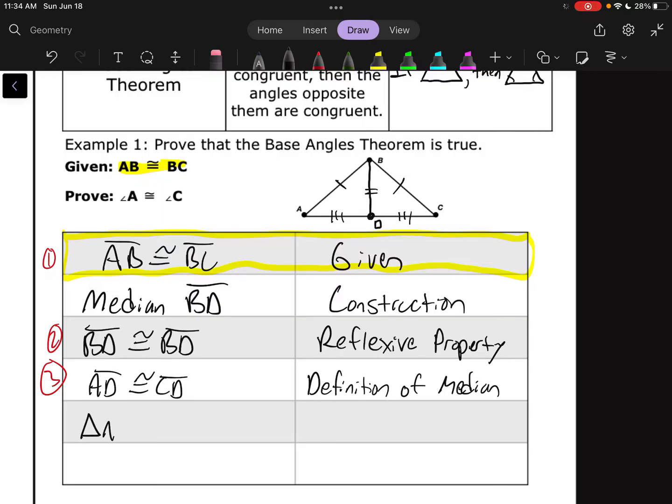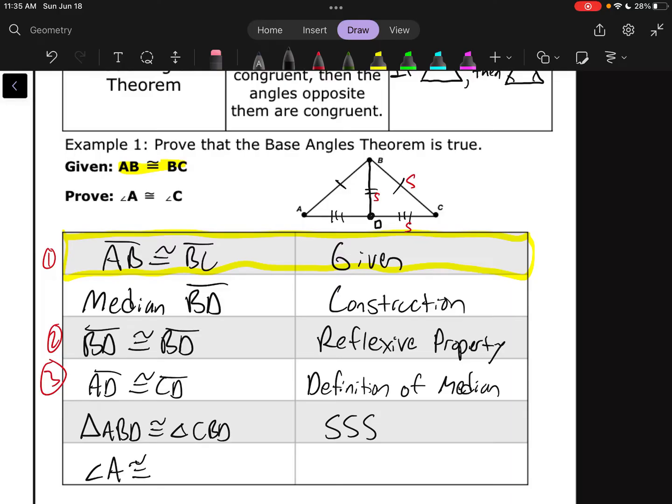And that means that triangle ABD must be congruent to triangle CBD by side, side, side. And what do we know about congruent triangles? Well, we know that all of their corresponding parts are also congruent.